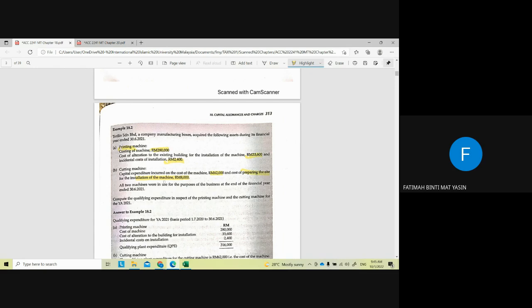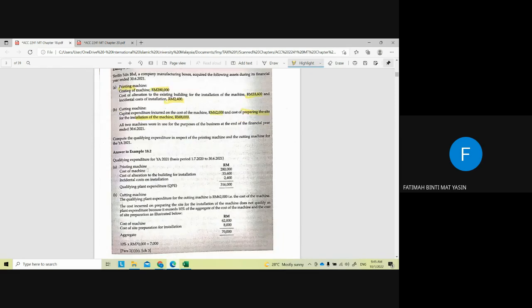So for these machines, the company uses them for the business, so then they can claim the capital allowance. Okay, so for B here, when you want to determine the capital allowance, when you want to determine the QPE, the one that you need to consider is 62,000.